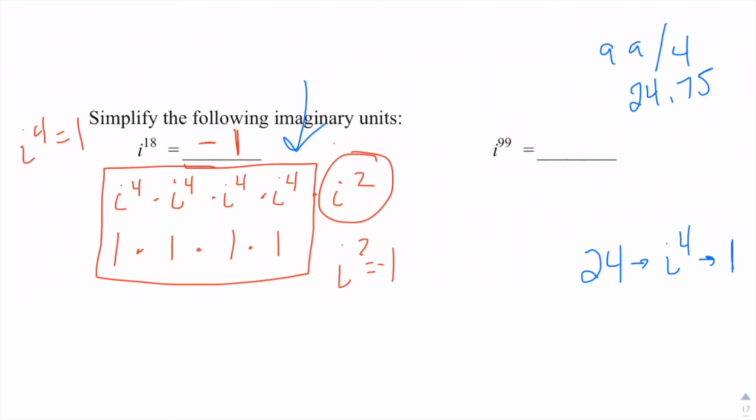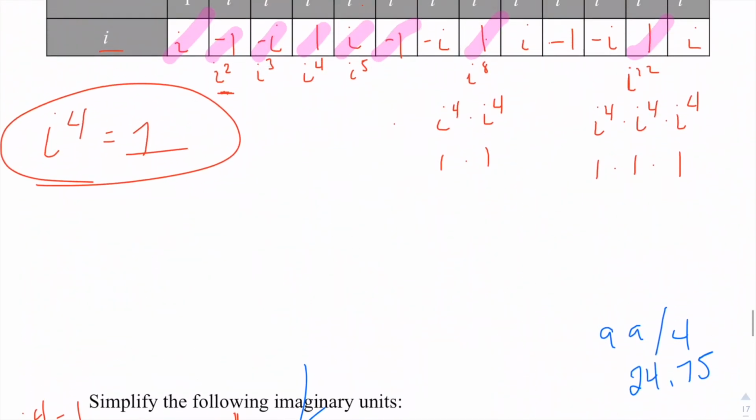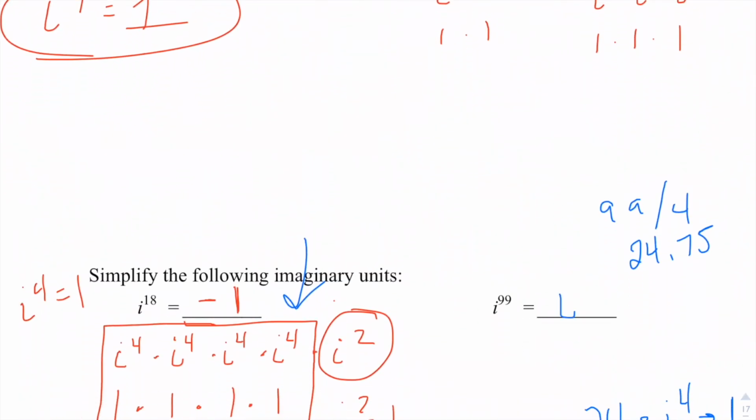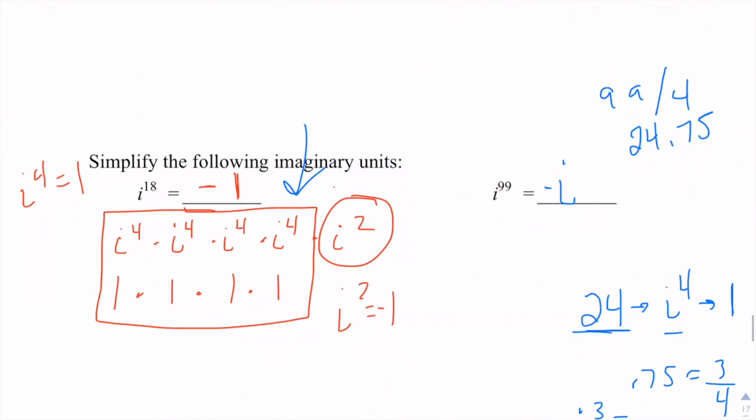So all those cancel out. And then I have 0.75, which if we convert it into a fraction, is 3/4. So I'm going to have 3 left over. So I'll have my 24 i to the fourth, and then an i to the third left over. And if we remember, i to the third from this chart up here is negative i. So i to the 99th is negative i.